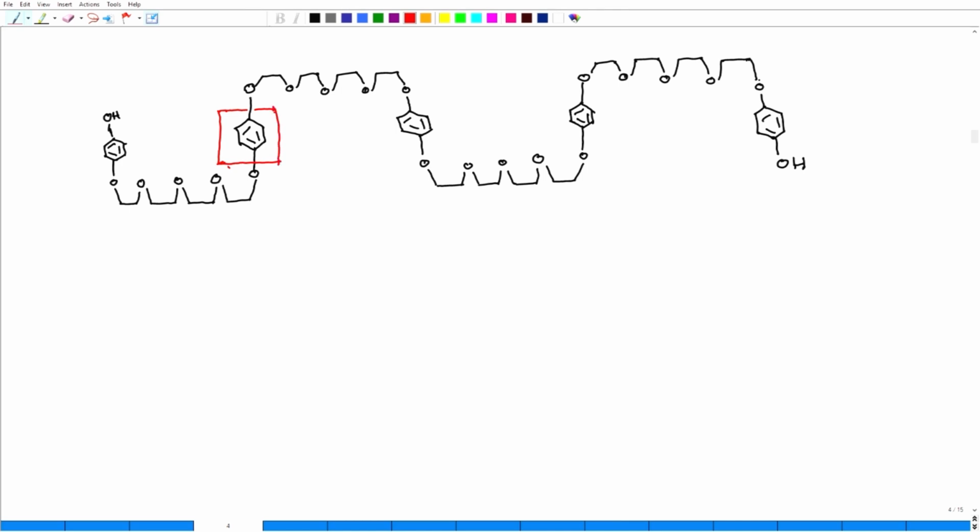You remember when I first started this pseudo-rotaxane structure, the macrocycle I gave had 4,4'-bipyridinium moieties. I am talking about that. So, this is one, another can go here, another will go here.